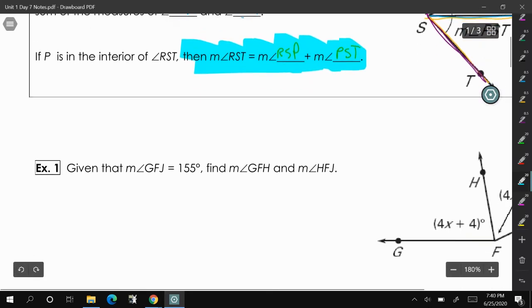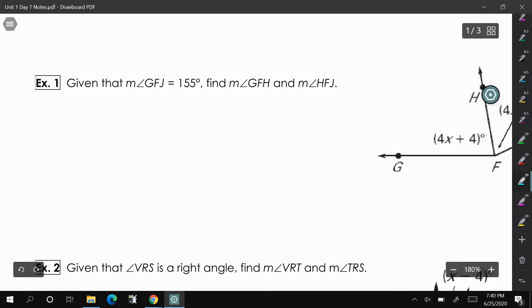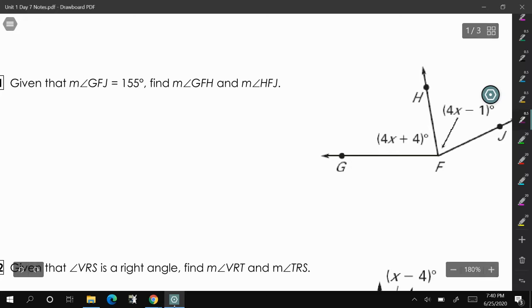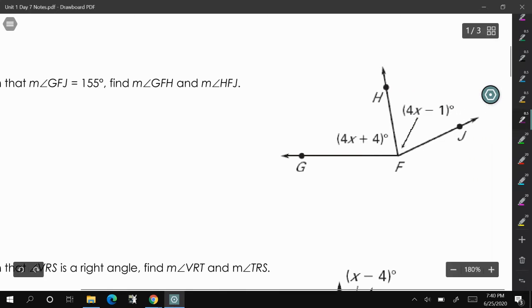So let's look at some examples. Given that the measure of angle GFJ is 155, find the measure of angle GFH and the measure of angle HFJ. So we know that the whole angle here is 155 degrees.